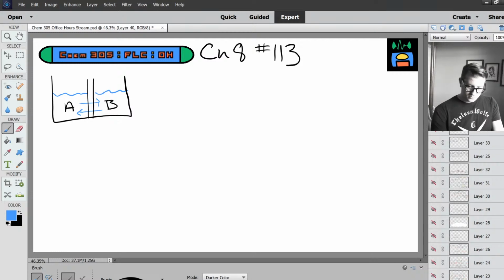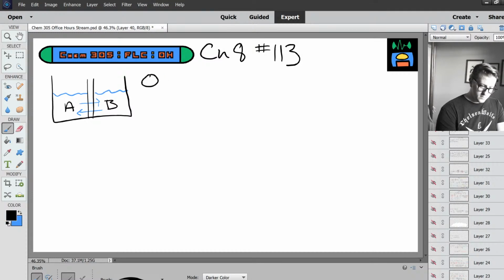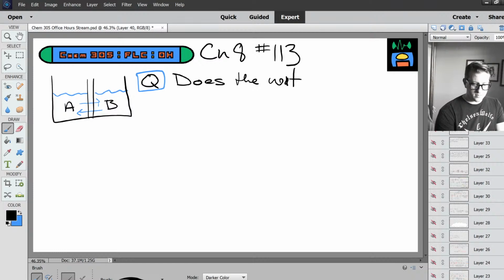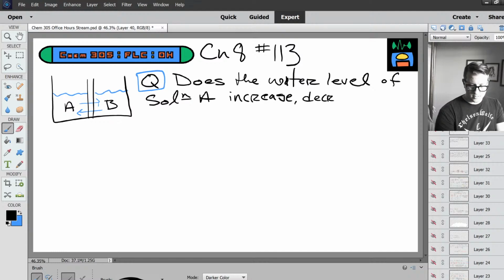All right. So here's the question. Does the water level of solution A increase, decrease, or remain the same?